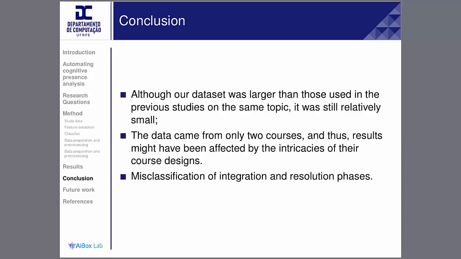Also, the data came from only 2 courses. The English course considered 6 classes, and the Portuguese course considered 1 class. So the results might have been affected by the intricacies of the designs of the courses. And also, we want to improve the misclassification of the integration and resolution phases.